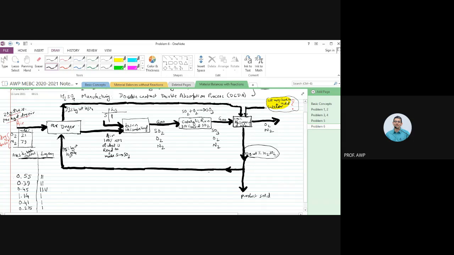Should we solve, or do you need more time? Sir, more time. How much more time? Sir, 2 minutes. Sir, I am also getting 0.39. 0.39 and 0.454 seem to be two popular answers.